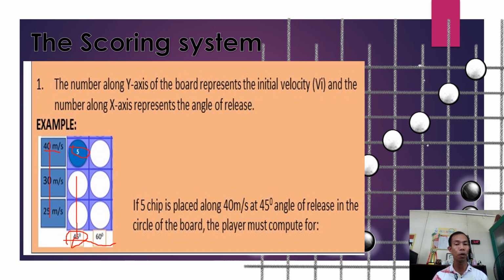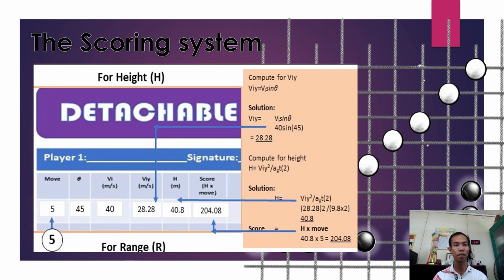In the circle of the board, the player must compute. This one is for the height category. For the height category, remember that you moved a 5 chip on the board, placing it under the angle of release 45 degrees, and the initial velocity is 40 meters per second. To compute for the height, first you are going to compute for the V sub I y, which is equal to V sub I sine theta.